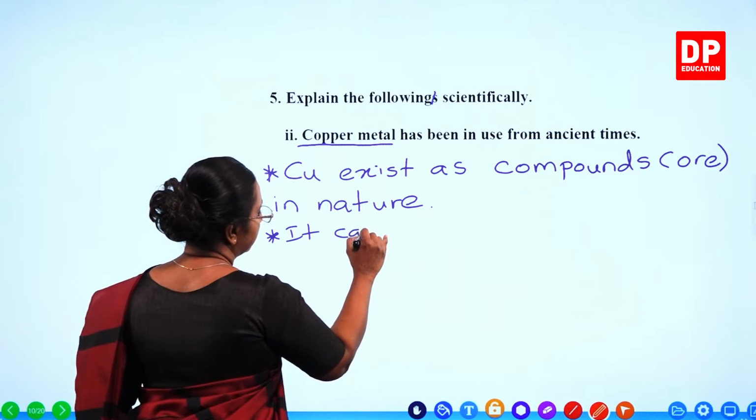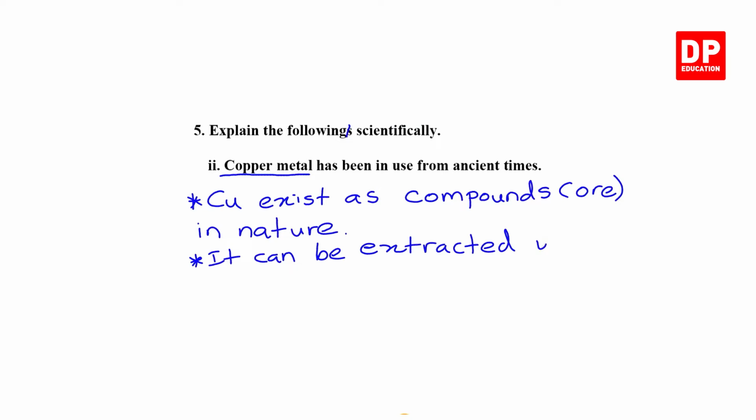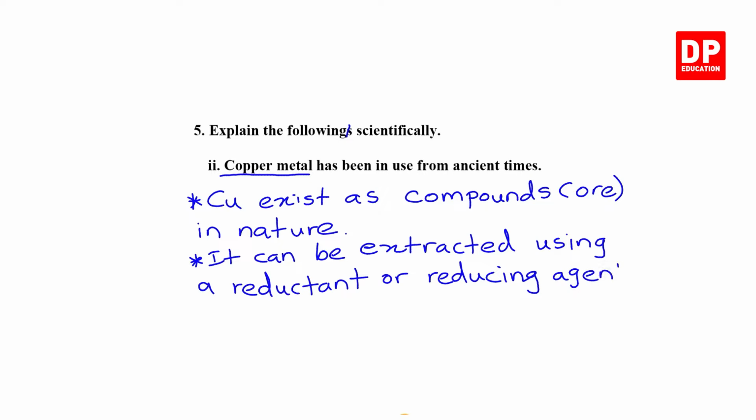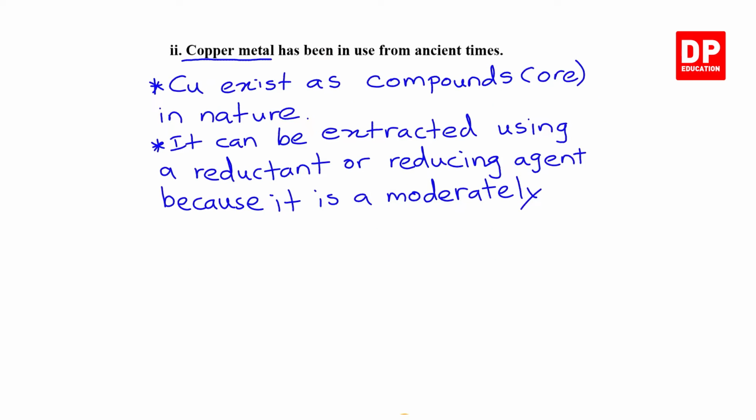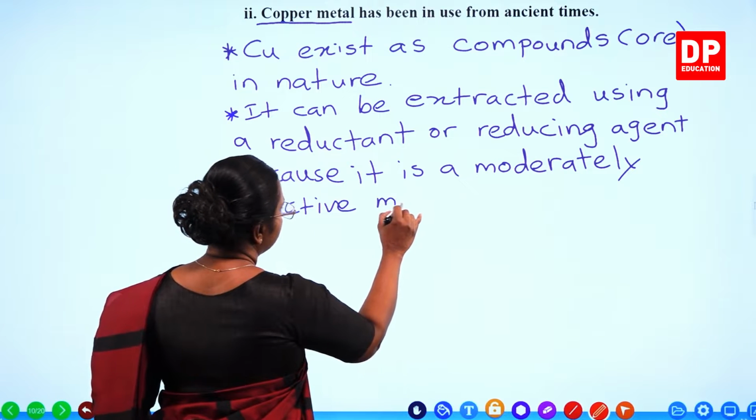It can be extracted using a reductant or reducing agent because it is a moderately reactive metal.